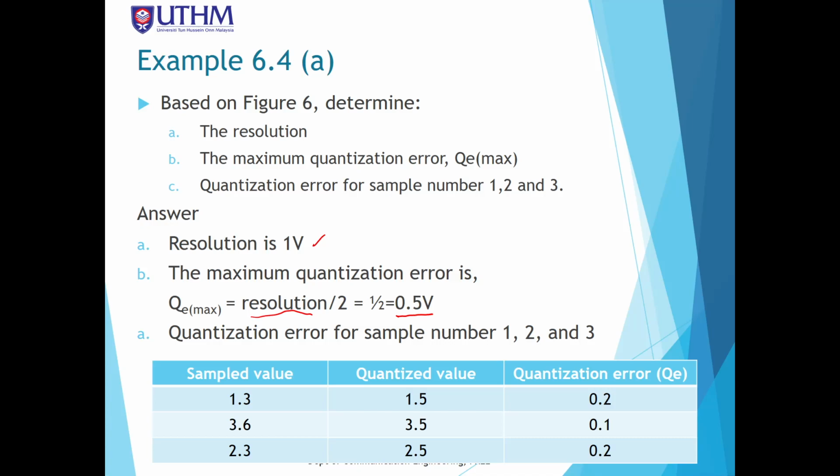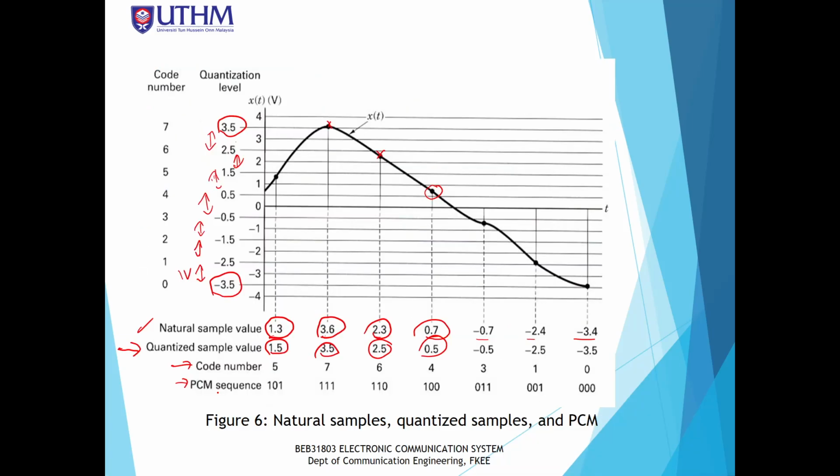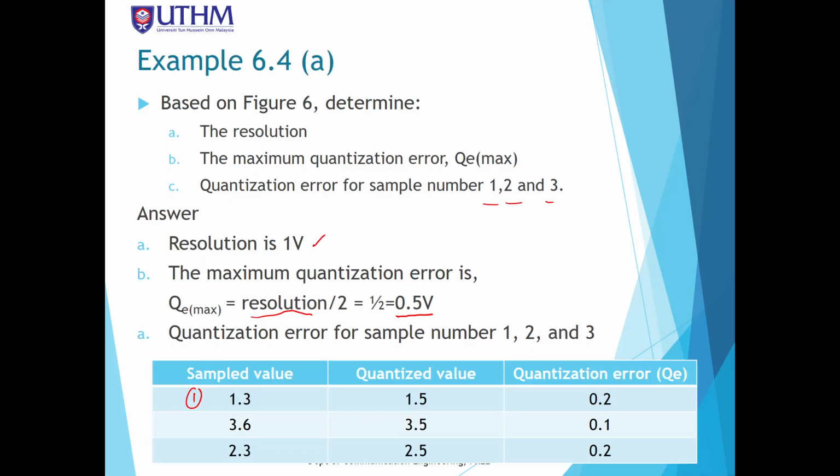Okay, and then what? Find the quantization error for sample number 1, 2 and 3. Sample number 1 is 1.3 volt, the second sample is 3.6 volt, and the third sample is 2.3 volt.